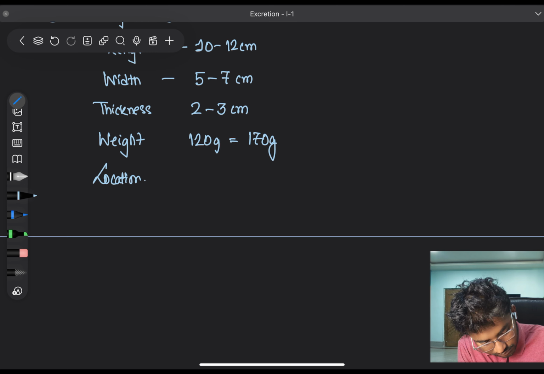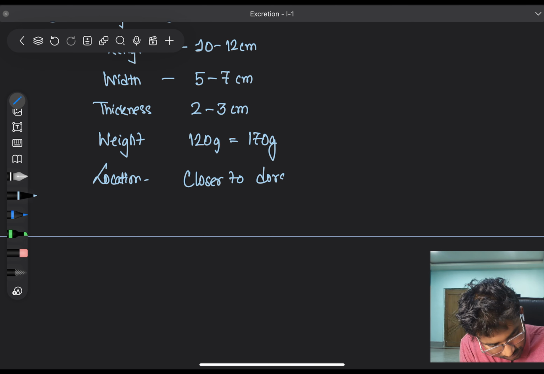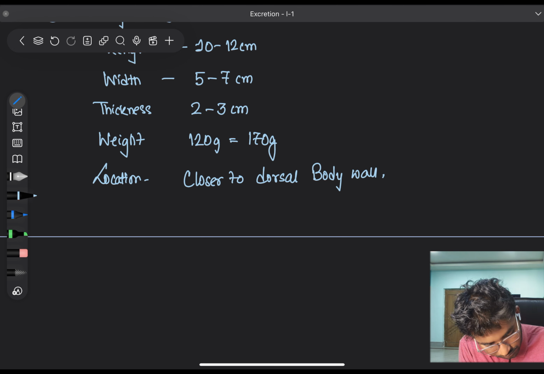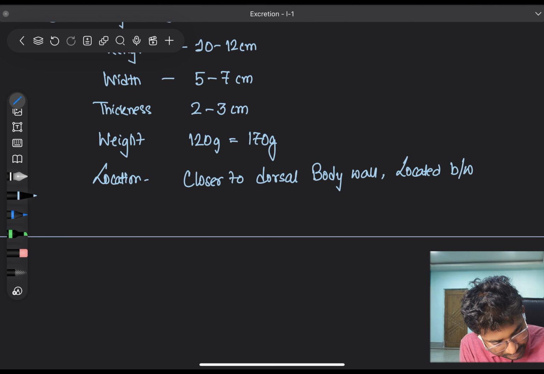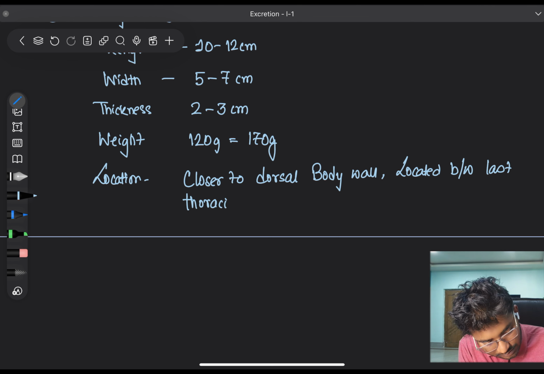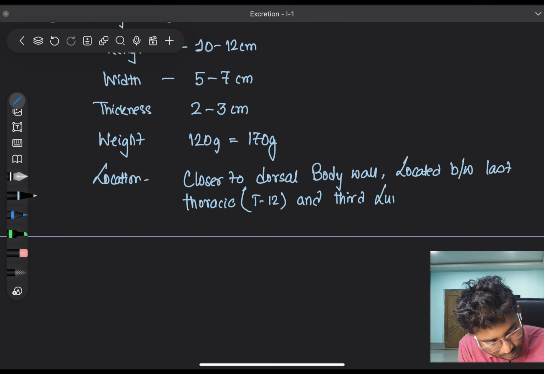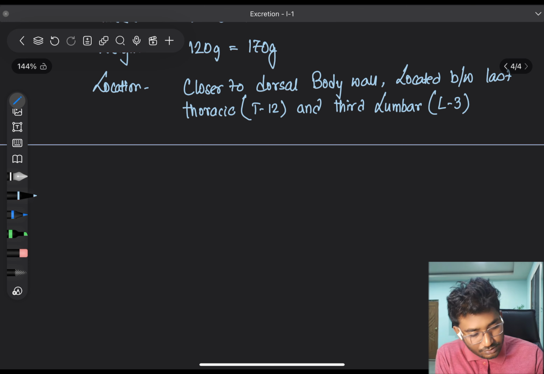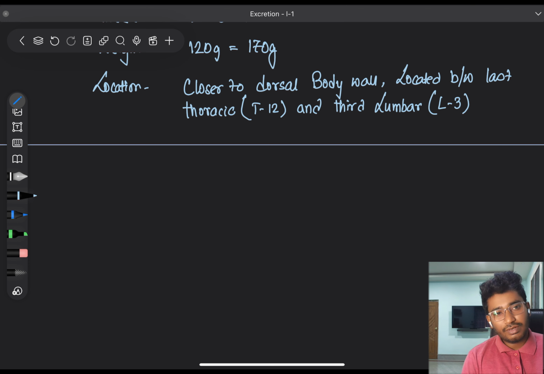Location: closer to the dorsal body wall, located between the last thoracic vertebra T12 and the third lumbar vertebra L3. It is located between T12 and L3.